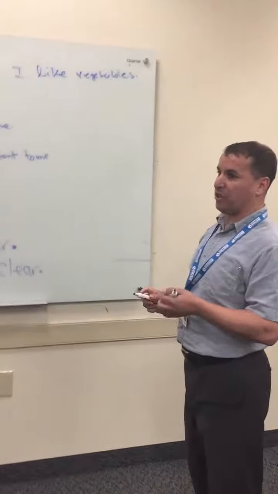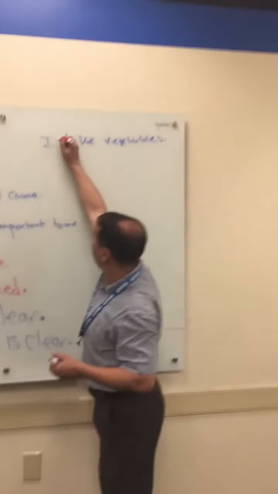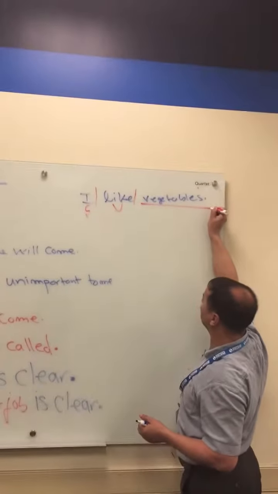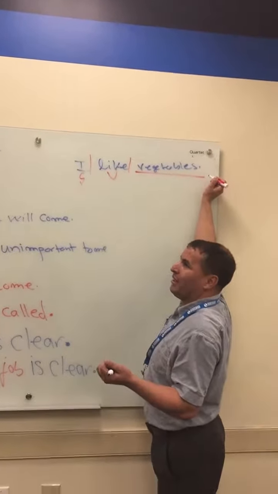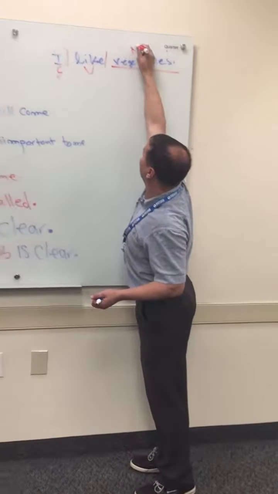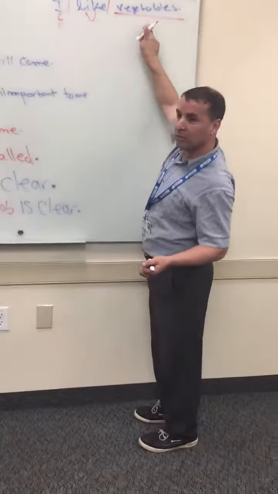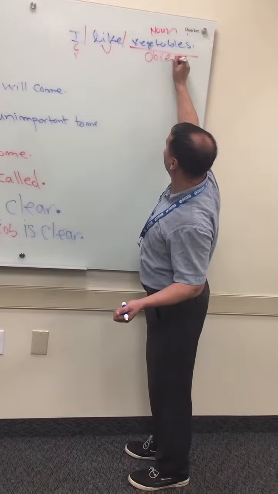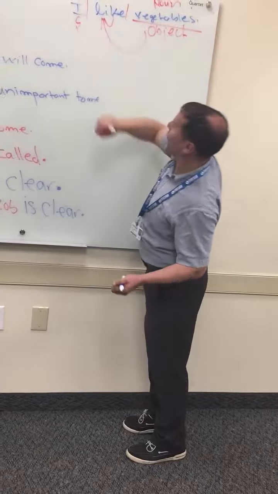What is your subject? What is your verb? How about vegetables? Before we can say it's an object, what part of speech is it? It's a noun, right? And the grammatical function, it's an object of what? Of the verb like.